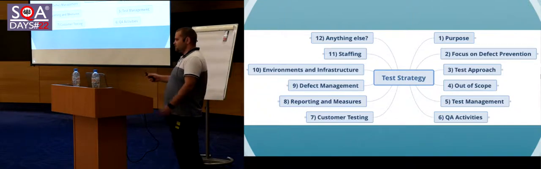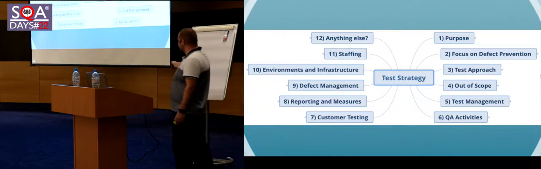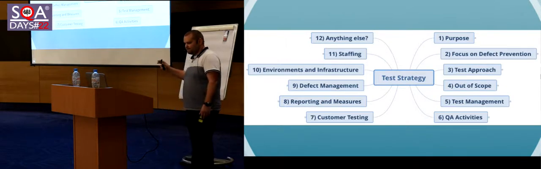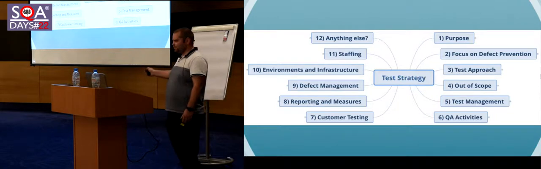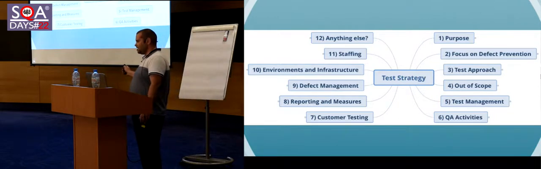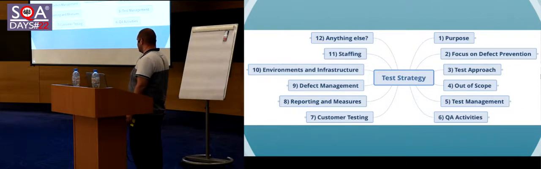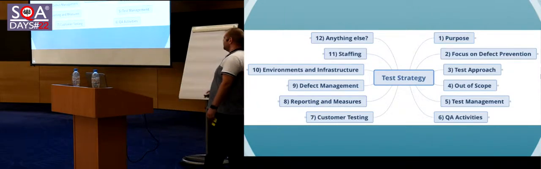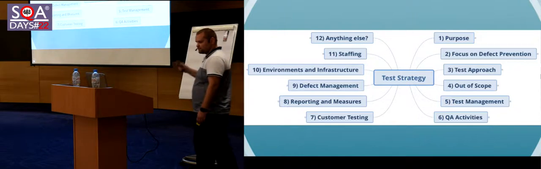Because if you forget about a huge document and you start with such a mind map, 12 points, and every project is different, so maybe you will have more points. I doubt you can reduce it to less because this is really minimalistic. And then you go through each of them with your stakeholders.